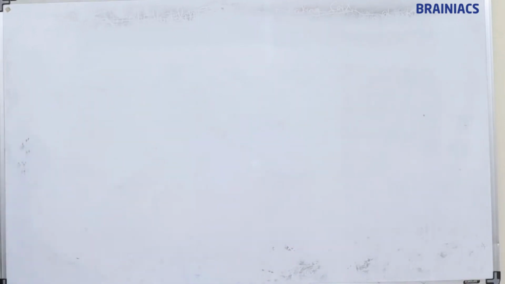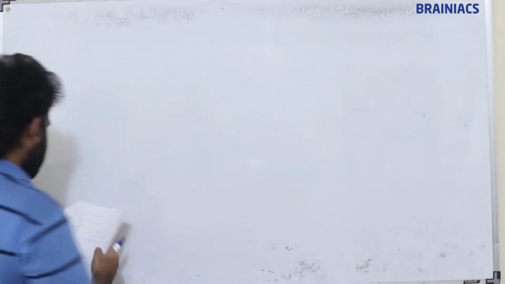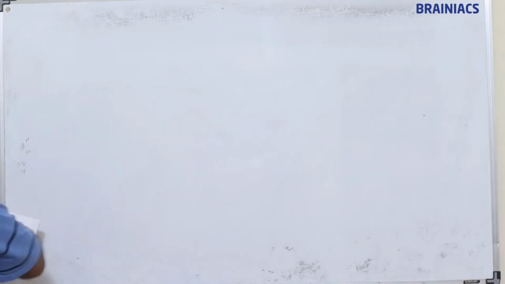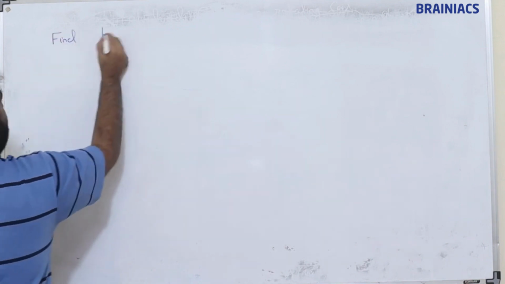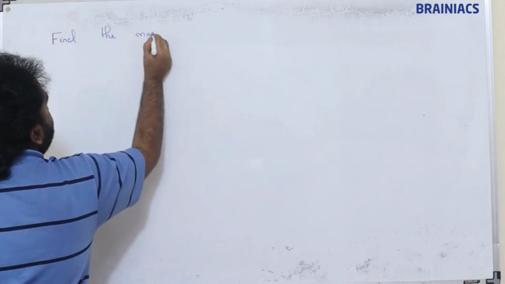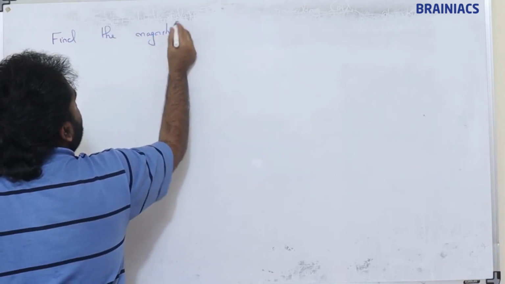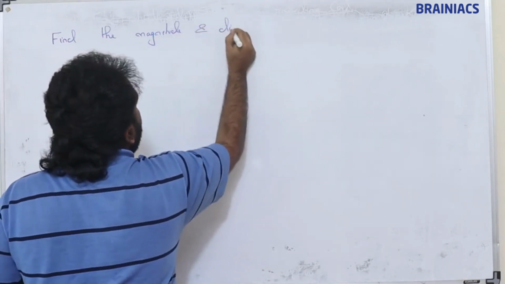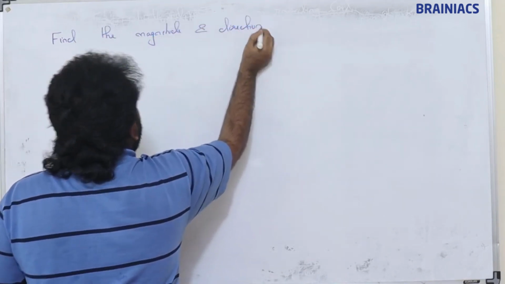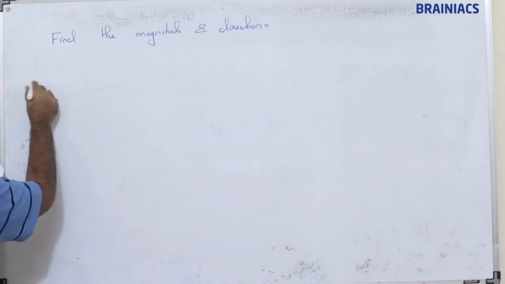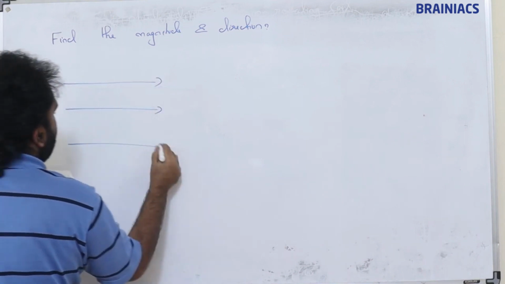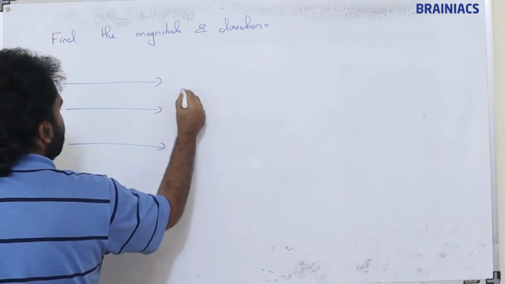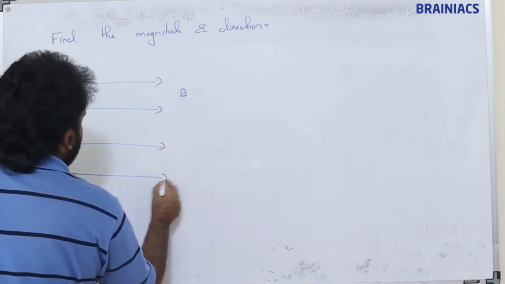Fine. Now we will do some simple problems for understanding the concept. Find the magnitude and direction. Number 1, this is the direction of the magnetic field.